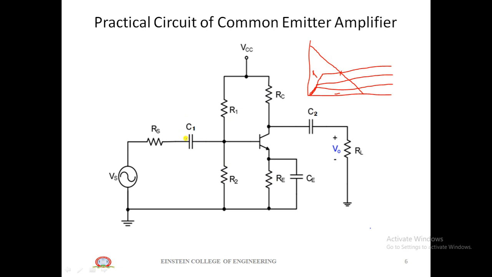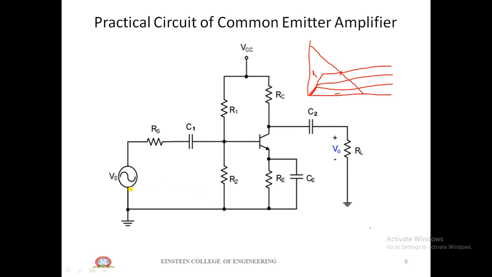Next is the capacitance C1. This C1 is the input capacitor, and this input capacitor couples the input signal and the base terminal. This capacitor is provided to have a constant biasing. If it is not provided, what happens? This signal is directly connected in parallel to the R2.